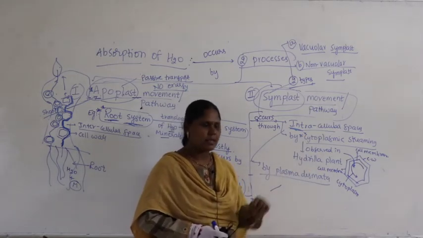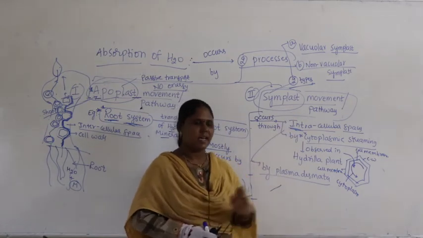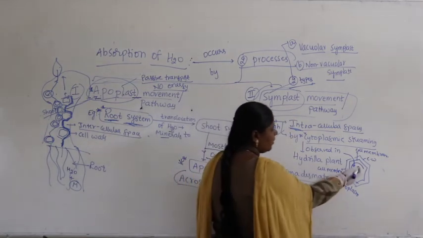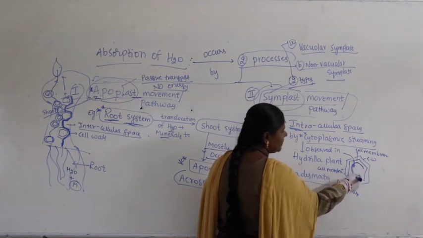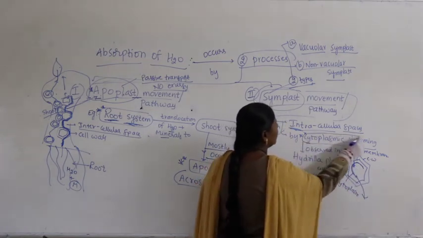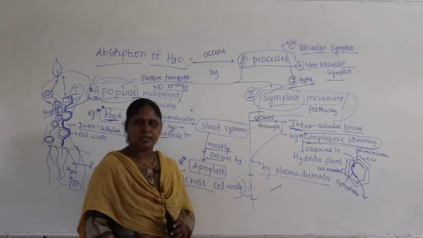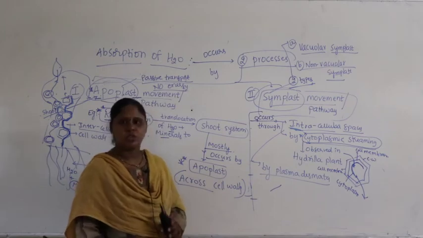In some plant cells it shows movement in a zigzag manner. The excess fluid after filling the cell is thrown out. That is what is called cytoplasmic streaming.